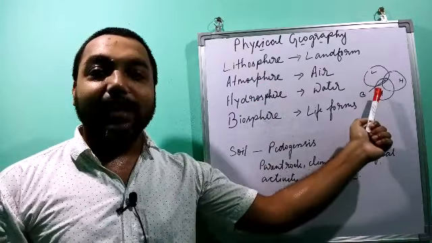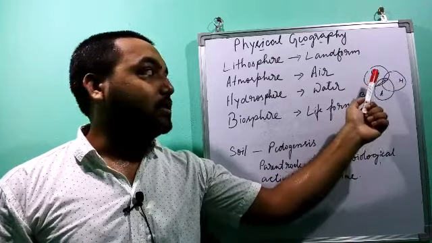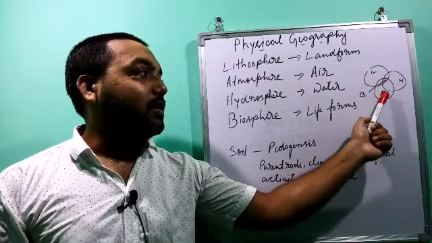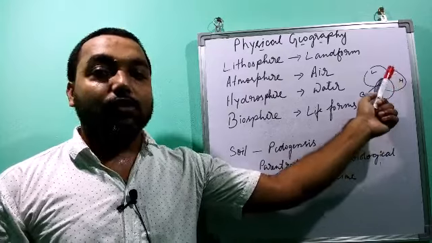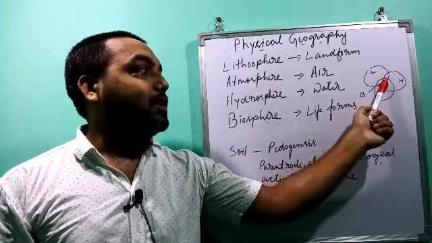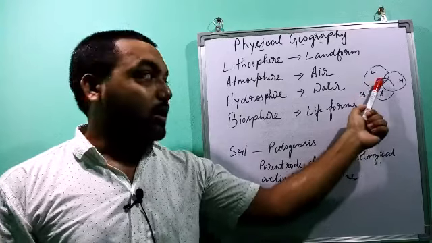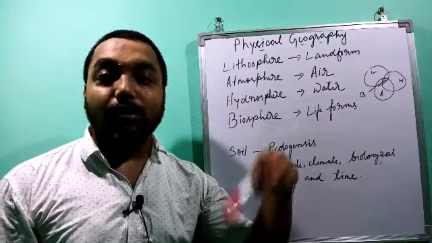Now here in this diagram you can see the 3 different spheres of the earth. This is lithosphere, this is atmosphere, and hydrosphere. The part where these 3 spheres interact with each other is known as biosphere, because in biosphere all these three components are needed.